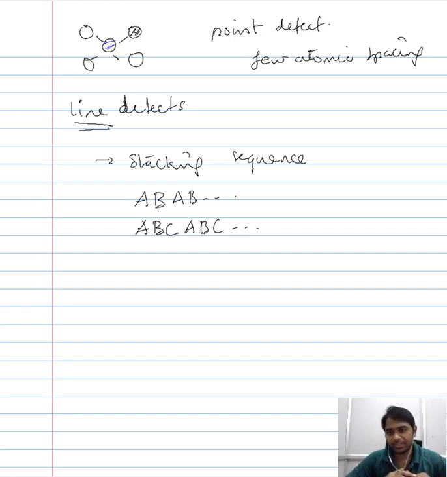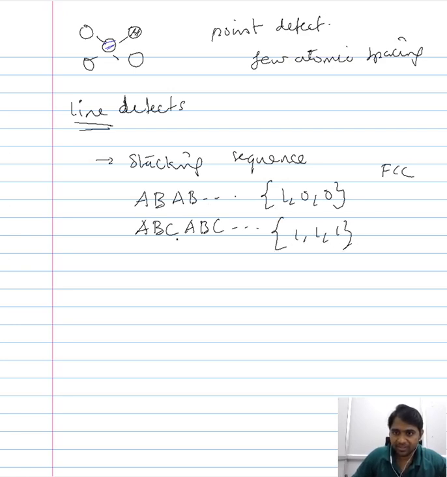face-centered cubic materials. So along a particular family of planes, that is 1, 0, 0, we observe this stacking sequence in FCC. Along the 1, 1, 1 family of planes, we observe this stacking sequence in FCC.